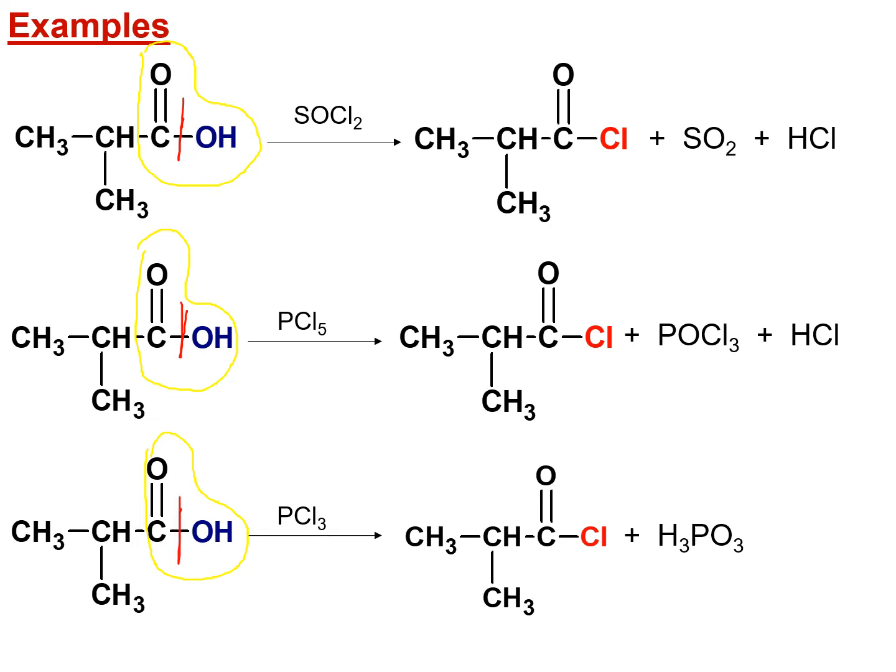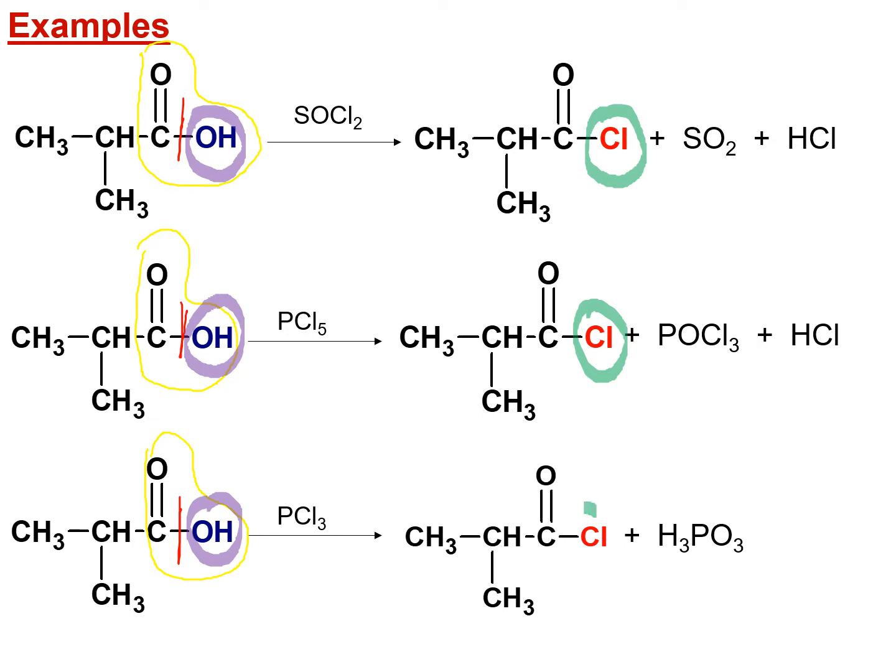And kita akan substitutekan OH ni dengan Cl. Okay. So you can see here, each of these OH bila dia react dengan sama ada SOCl2, PCl5 or PCl3, daripada OH dia terus gantikan dengan Cl.